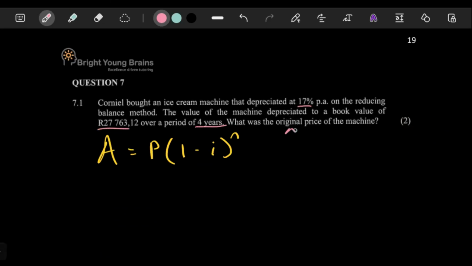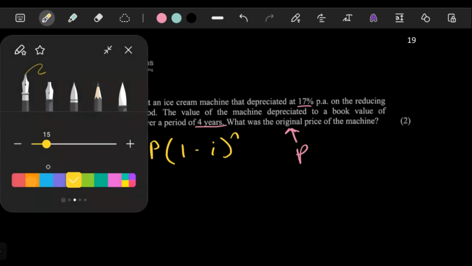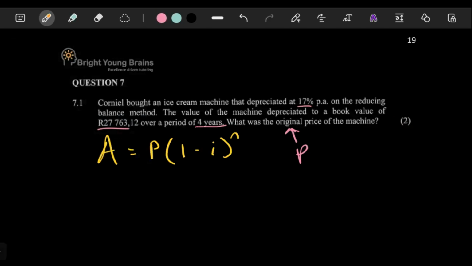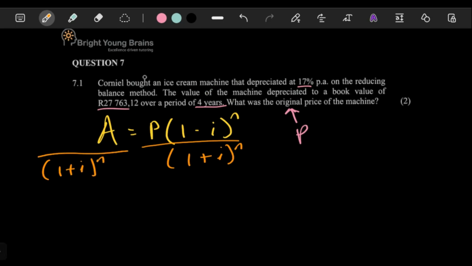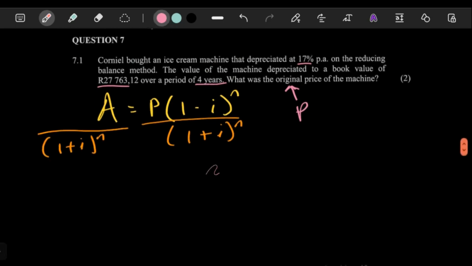So the original figure is P. So whatever P is, that's what we're looking for. So let's work out a value of P. If you're going to isolate P here, we're going to divide this side by 1 plus i to the power of n. And then that's what P is.